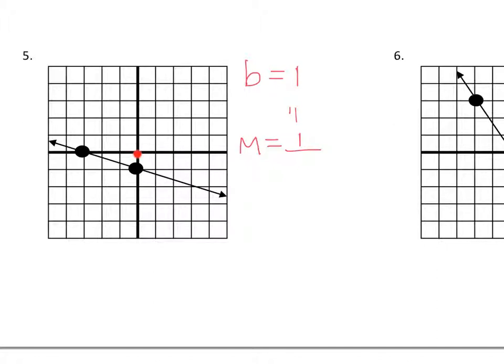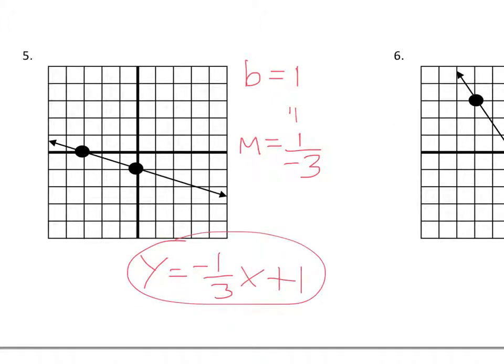And then if you look here, I'm going to the left. Since I'm going to the left, the run is going to be negative. So I'm going to go to the left 1, 2, 3 units. So my run is -3. I get that negative slope because the line goes down left to right. So when I put it together, I have y equals -1/3 x plus 1.